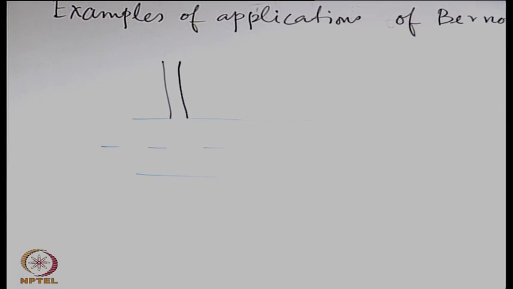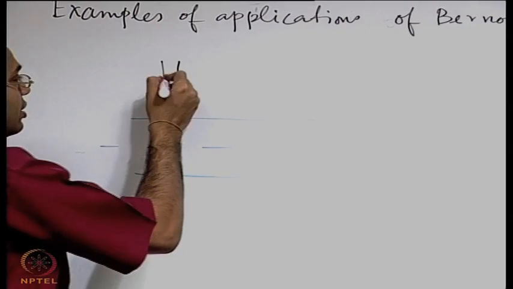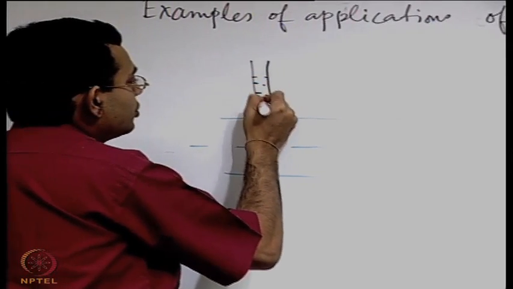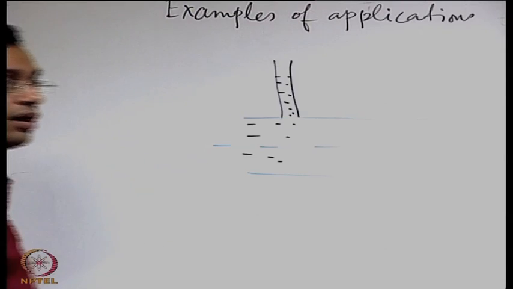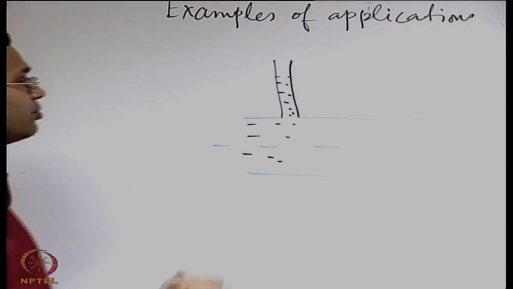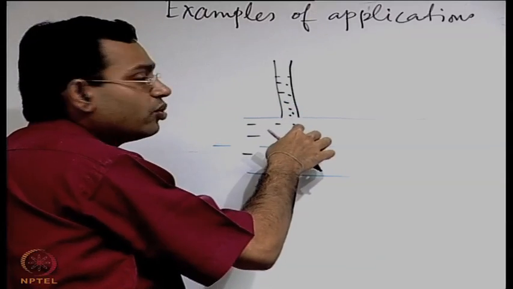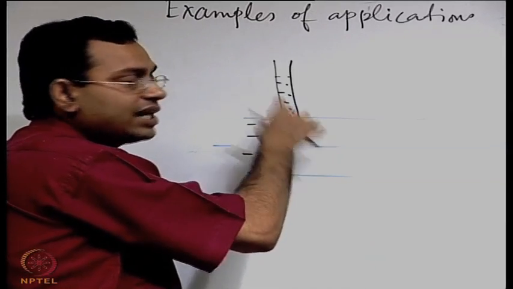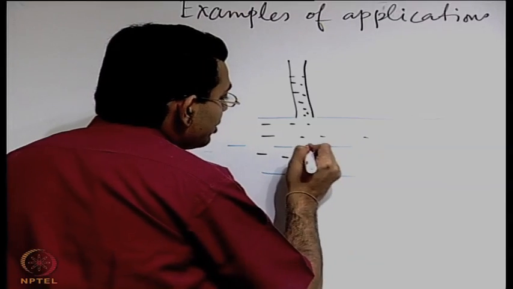So when you make such a hole, what will happen? The water will rise and it will come to a height. The height to which the water rises will be an indicator of the local pressure at that location. Pressure at where? See, we are interested in the center line.